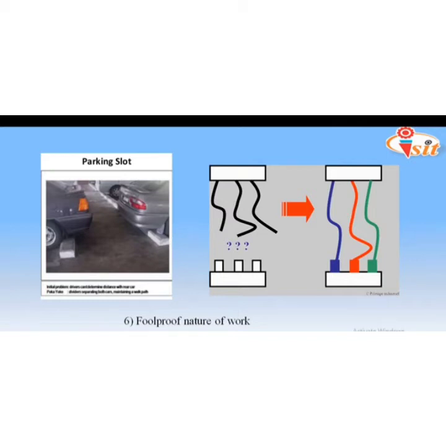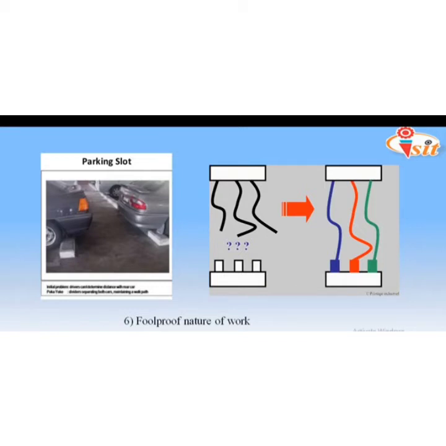Now if the same work is given to the unskilled laborer, he will easily be able to perform his task, as he will easily understand once the instruction has been given to him that the blue wire is to be placed in the blue socket, and likewise the same colors are to be put in the same socket. So with such a color combination he can easily do this task.